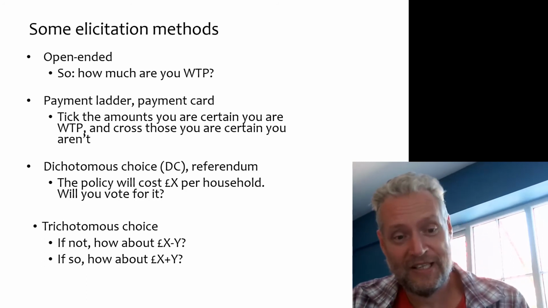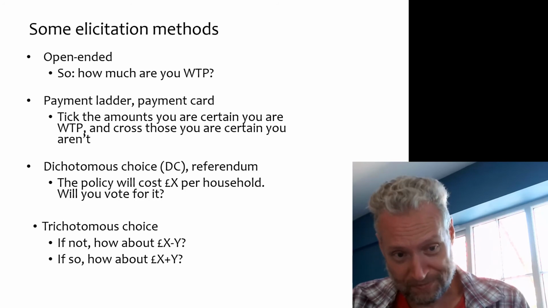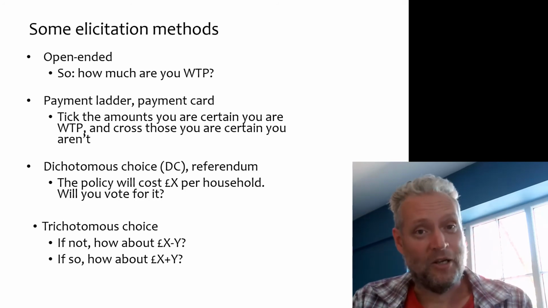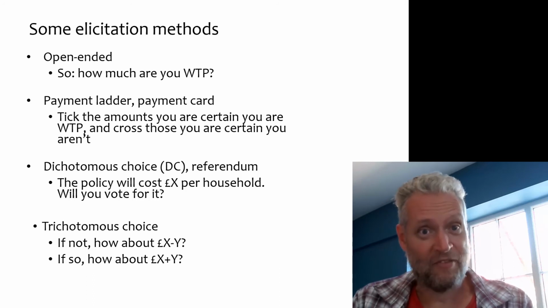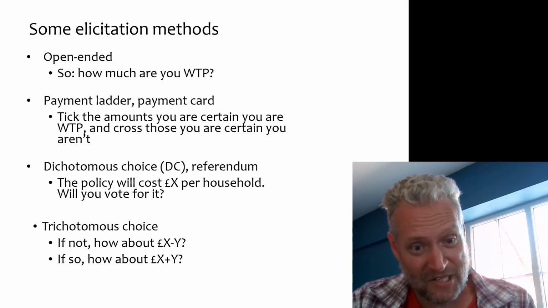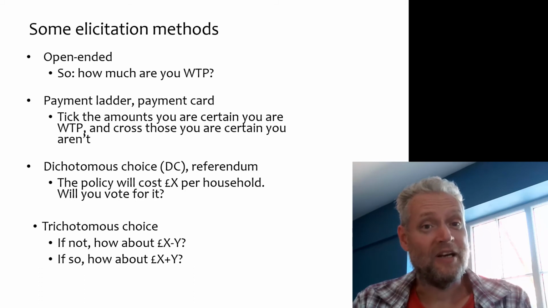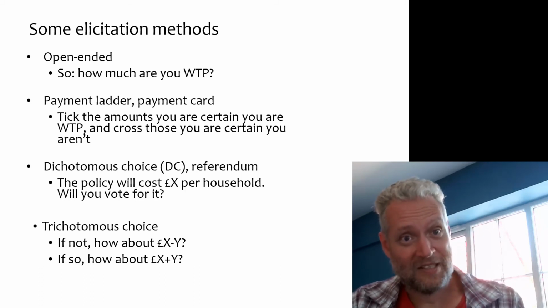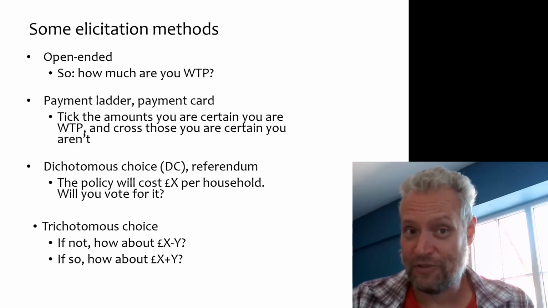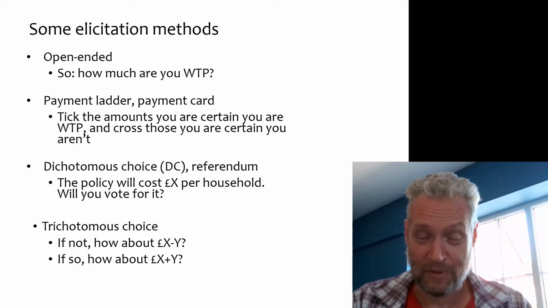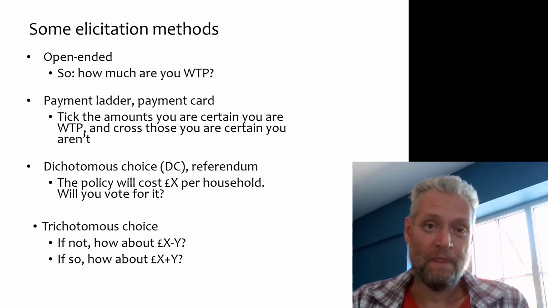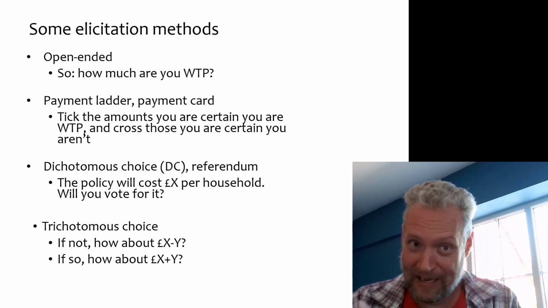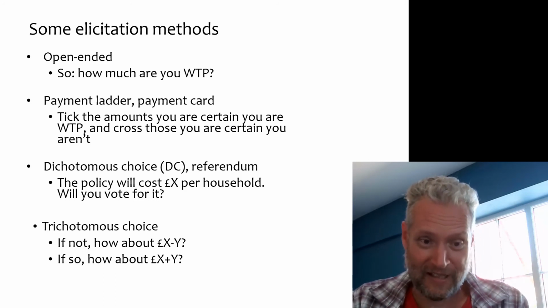A variant on this is a trichotomous choice. Are you prepared to pay £10 per person per year? If somebody says yes to that question, then you can follow up with the question, are you also prepared to pay £15 per household per year? And then you get a range rather than a single number.